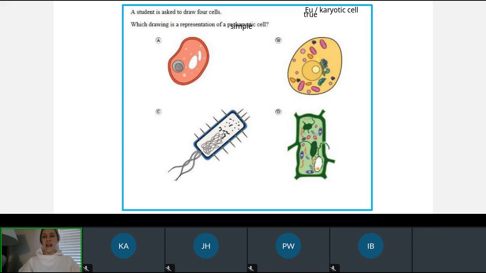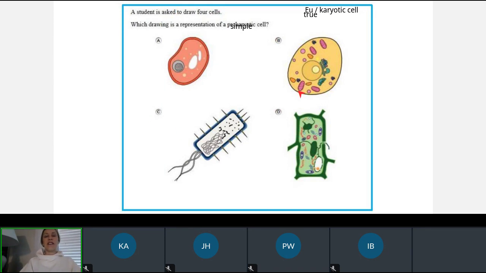So I'm going to put up a poll, and I want you to tell me which one of these you think is a prokaryotic cell. So looking at these, A, B, C, D. Not doing terrible.